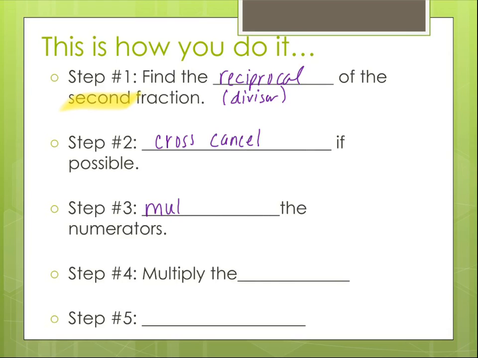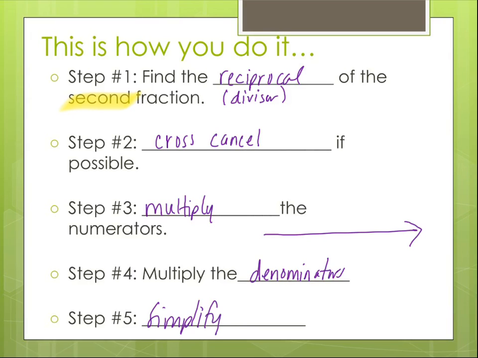Then we multiply our numerators and multiply our denominators. Sometimes kids make mistakes in the process of multiplying. You want to make sure that you multiply straight across, not diagonal or any other way. And lastly, we simplify if it is at all possible.